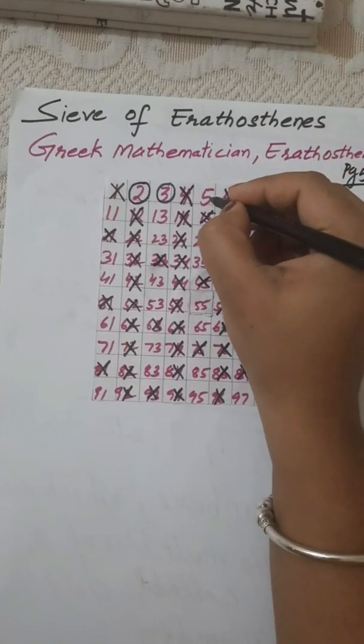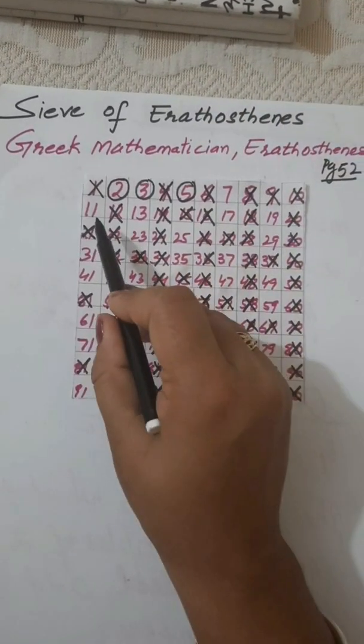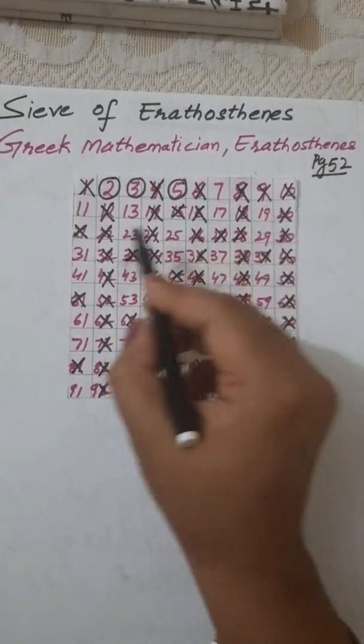Next step: here we have 5, so encircle 5 and cross all the multiples of 5. So let's cross all the multiples of 5.